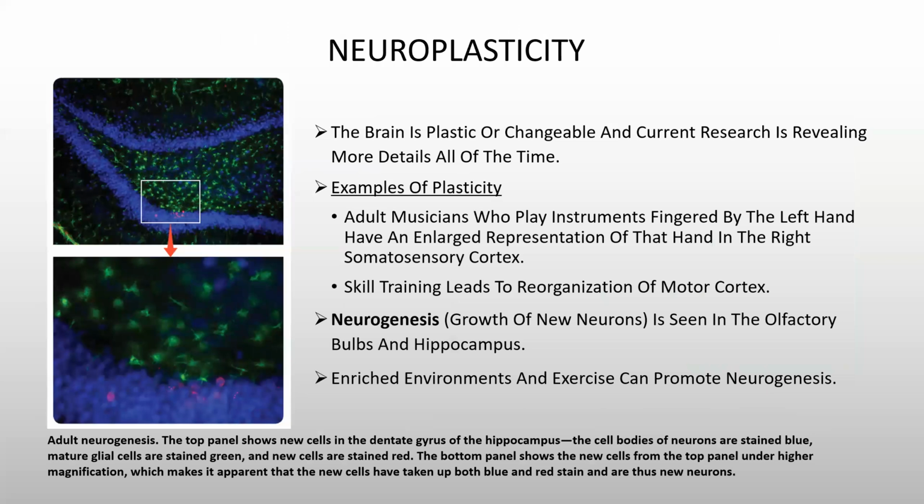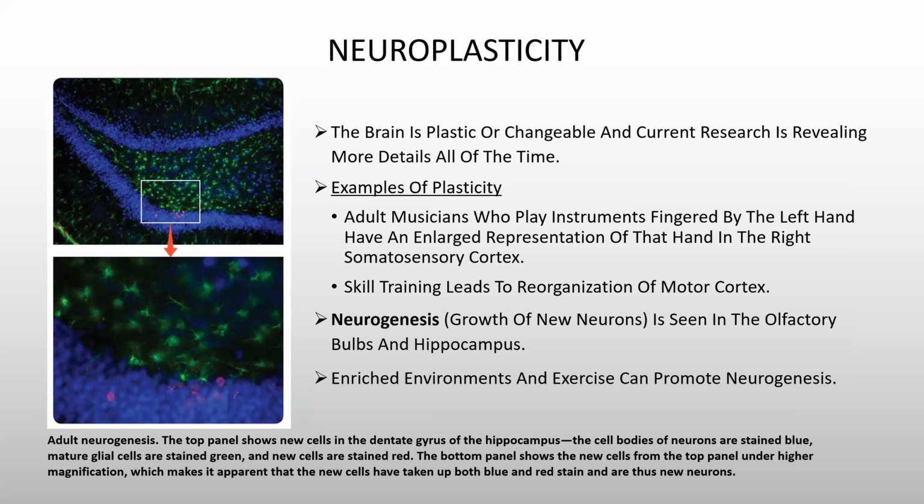Now here I mentioned to you neuroplasticity, and that you would hear this term quite often. It means that the brain is plastic or changeable. Examples of plasticity: adult musicians who play instruments fingered by the left hand have an enlarged representation of that hand in the right somatosensory cortex. So the somatosensory cortex actually changes and molds.